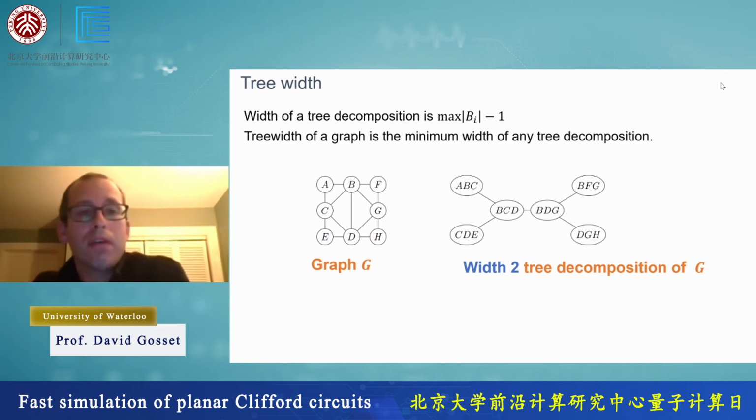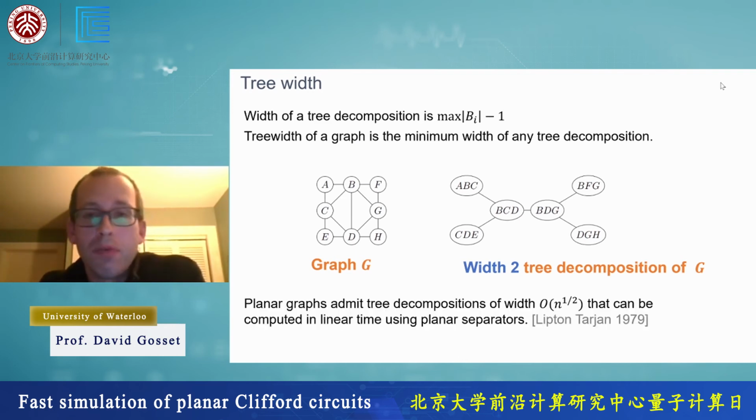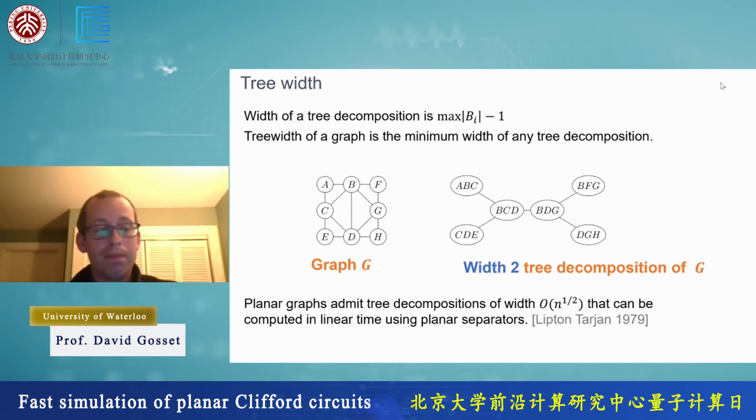So the tree width of a graph is the minimum width of any such tree decomposition. And as I said, trees have tree width 1, so you can always find a tree decomposition where the bags have size 2. And the other remarkable fact, and the thing that's relevant for us, is that if you have an n vertex planar graph, it will always admit a tree decomposition of width roughly square root n.